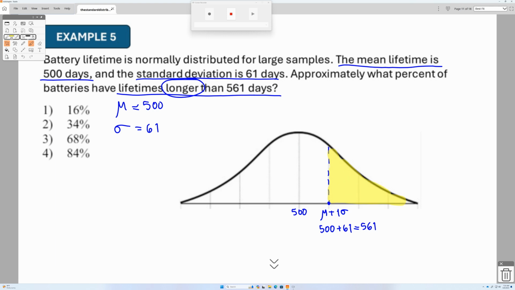We are looking for the proportion represented by the shaded area on the right side of 561 days.